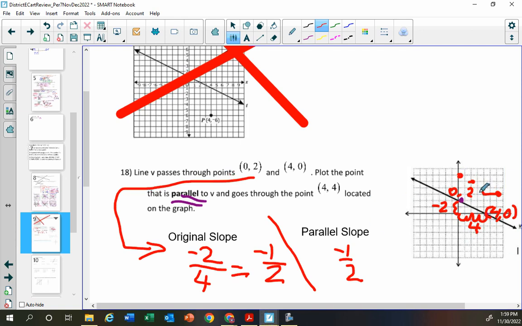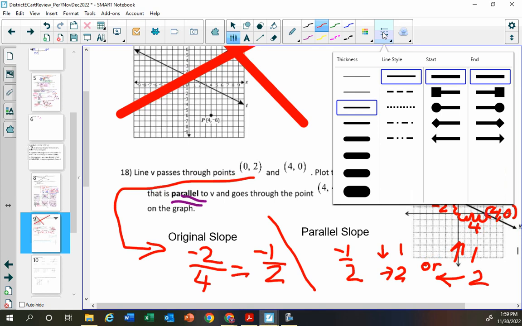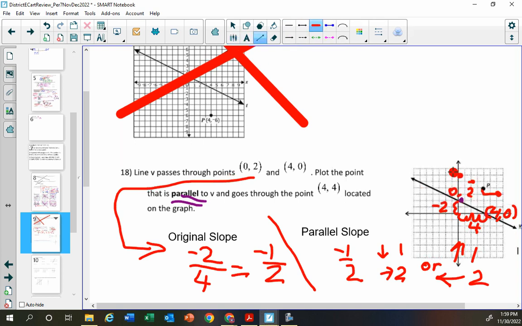So you either go down 1, then right 2, or you could go up 1, and then you have to go left 2. So then your line will look something like this.